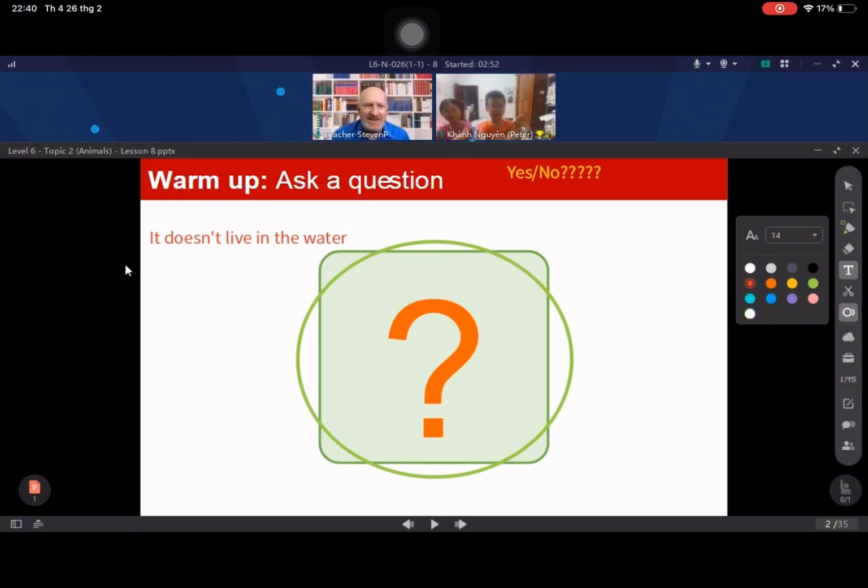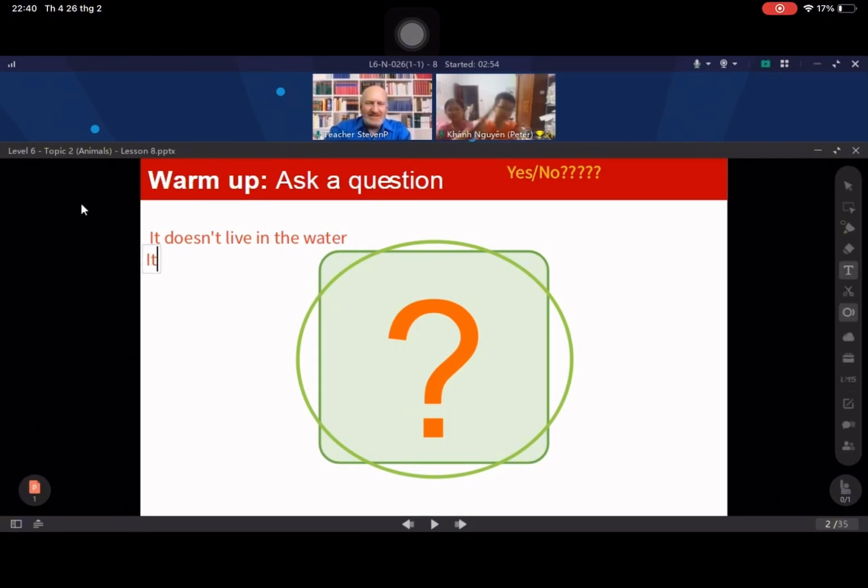This is where it gets tricky. It lives in the sky. It doesn't live in the ground. It doesn't live in the sky. It doesn't live. So it's not something that is living. Okay, it doesn't live. It's not alive.